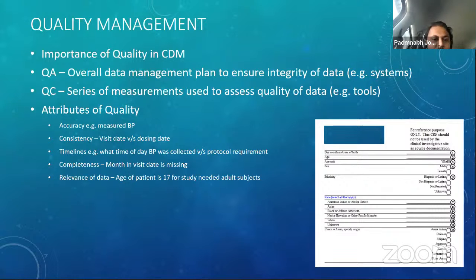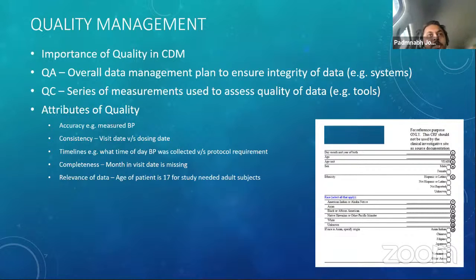Timeline. A lot of times, take an example of blood sugar. Blood sugar has to be captured at two different frequencies, one being fasting and one being postprandial. So when I'm working on a diabetic trial, and the requirement for the glucose values is fasting, but the sampling that was collected was postprandial, it doesn't make sense, right?